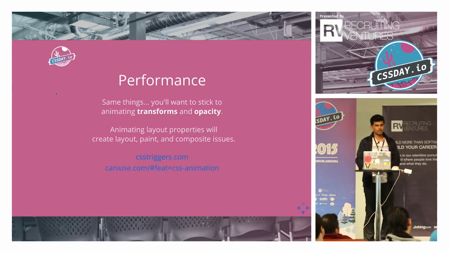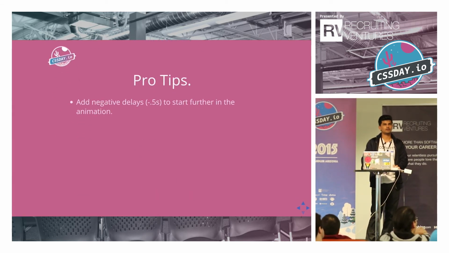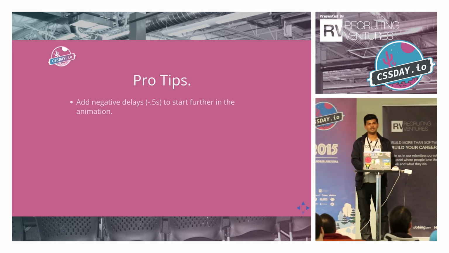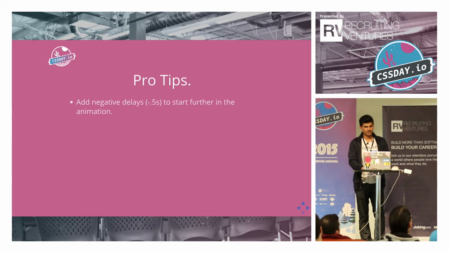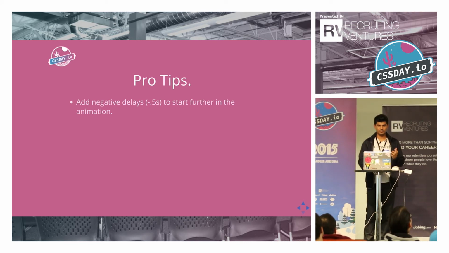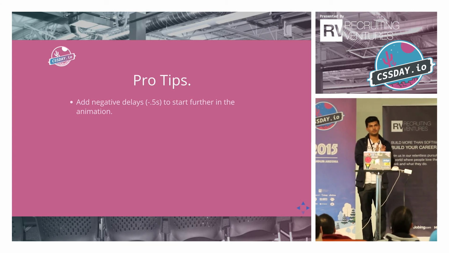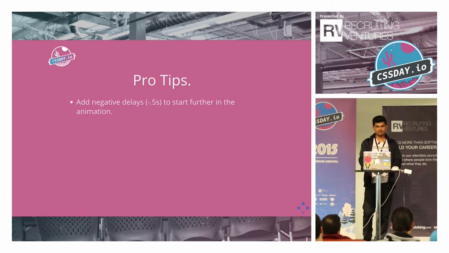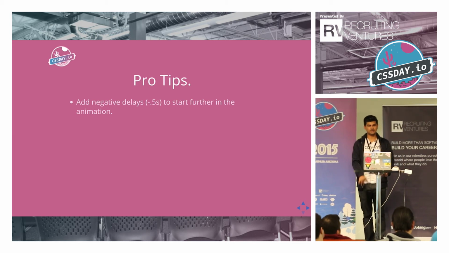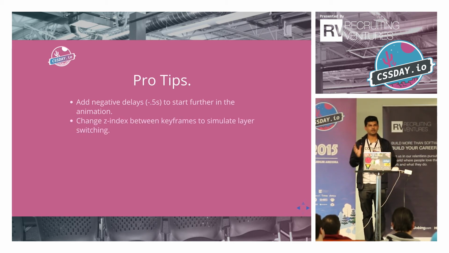Pro tip: just like you can use negative margins, you can also use negative delays in your animation to start further into the animation. So you can start something in the negative and then move it into the positive as you're creating that interaction. And again, change the z-index between keyframes to simulate layer switching.